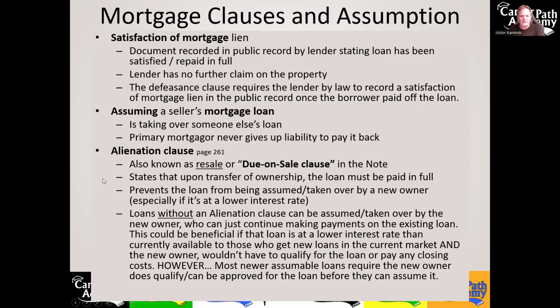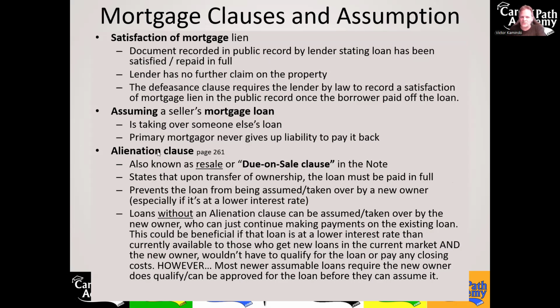This states that upon transfer of ownership, the loan must be repaid in full. It prevents the loan from being assumed, taken over by a new owner, especially if it's at a lower interest rate. Loans without an alienation clause can be assumed.